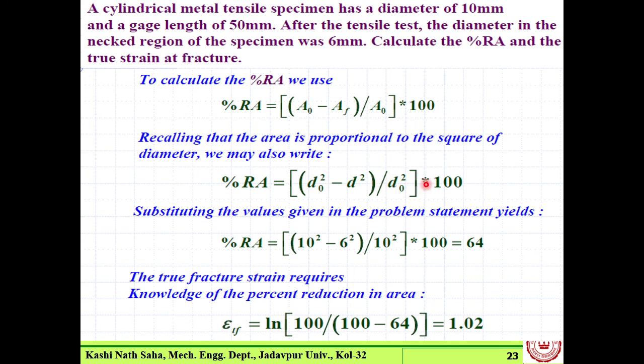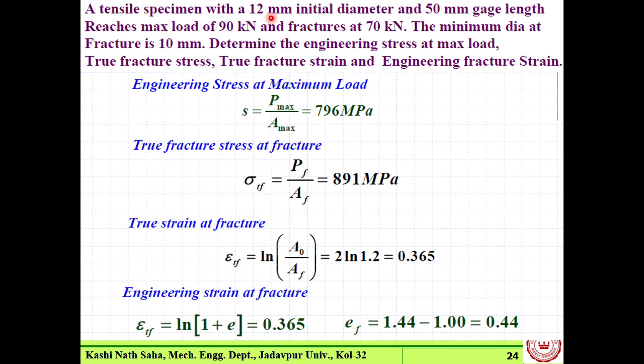Now there is an extension of this problem. Here it is slightly different. There is a 12 millimeter initial diameter, gauge length 50 millimeter, and at fracture the load is 70 kilonewton, and 90 kilonewton is the maximum load, the ultimate stress. The minimum diameter at fracture, so this 12 millimeter is reduced to 10 millimeter.